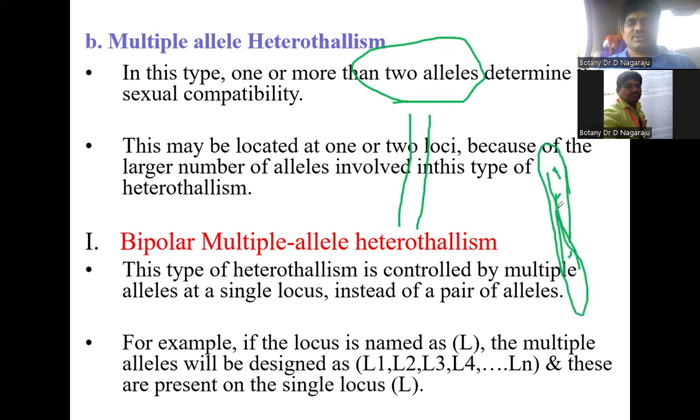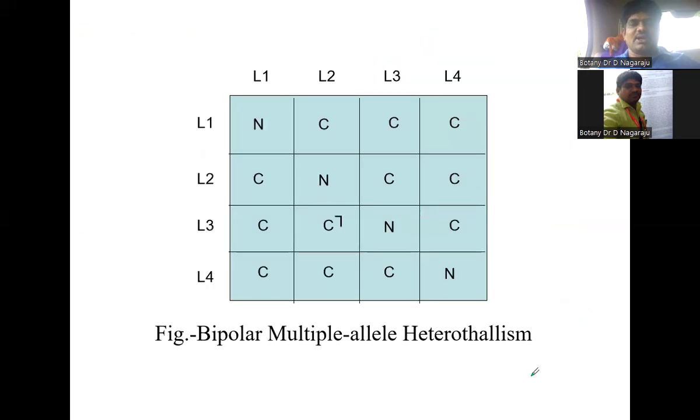At a single location, suppose L, if you look at one location, 1, 2, 3, 4, like that, a larger number of genetic material variations in the single locus. You can see here the four loci, genetic places on the chromosome.